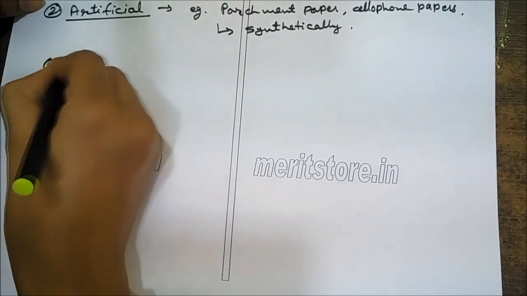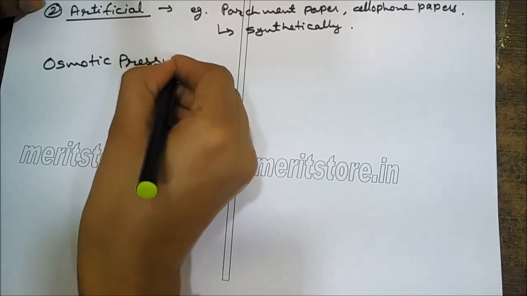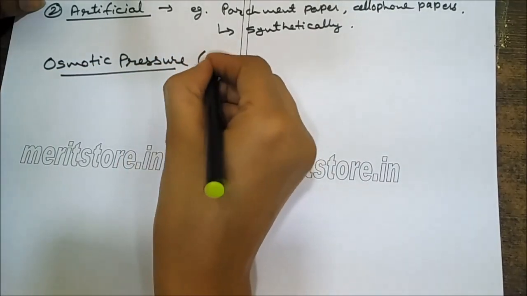Now, what is osmotic pressure? Osmotic pressure is denoted by the symbol pi.